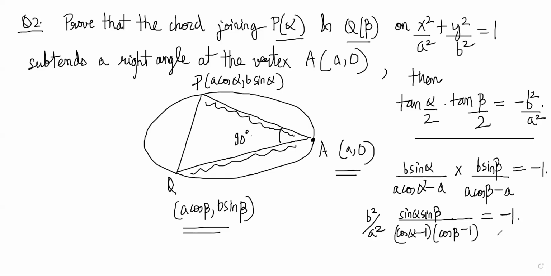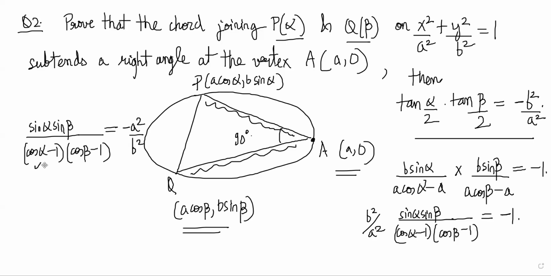Correct. So what we can do is write sine alpha sine beta by cos alpha minus 1 times cos beta minus 1 as equal to minus a square by b square.